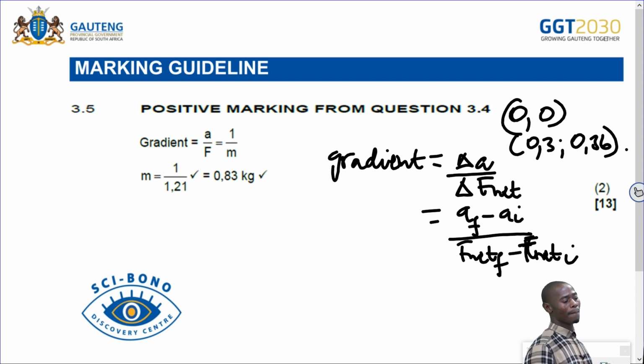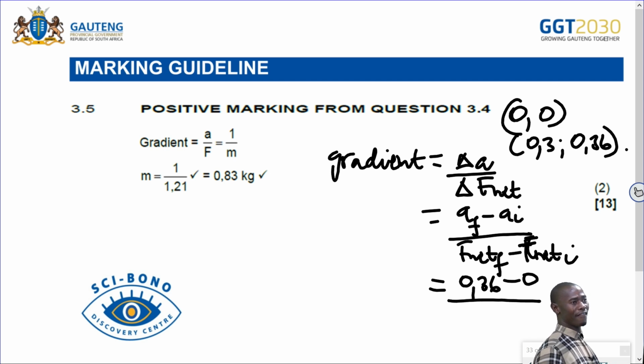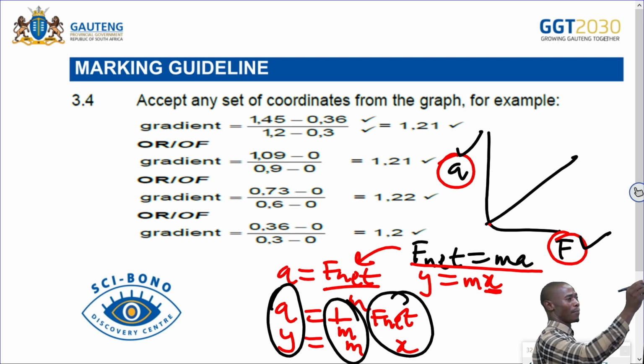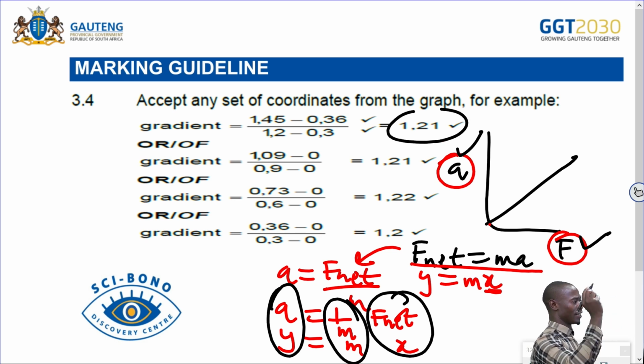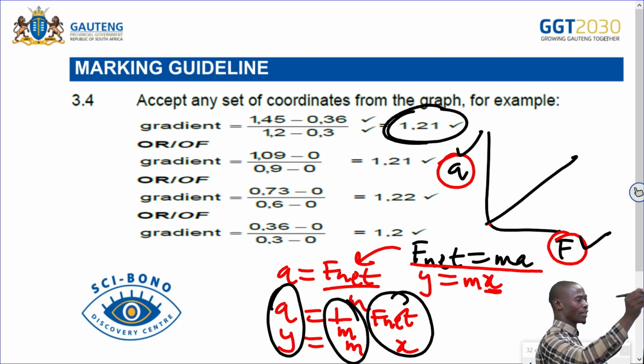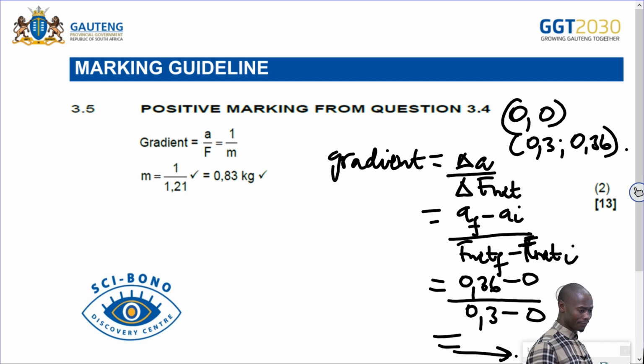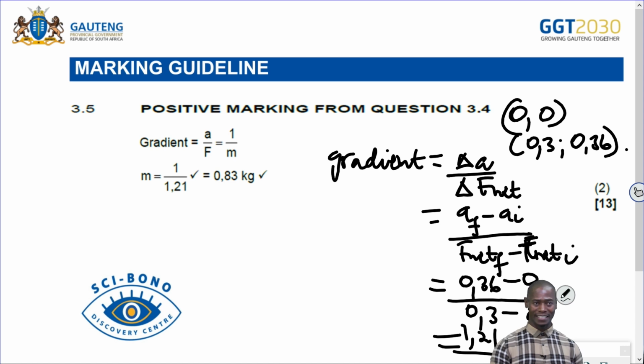Final will be 0.36, initial is 0. And then F net final is 0.3, initial is 0. Then you'll get your answer. The answer that they got here is approximately 1.2, so I'm using 1.21. This is the gradient.